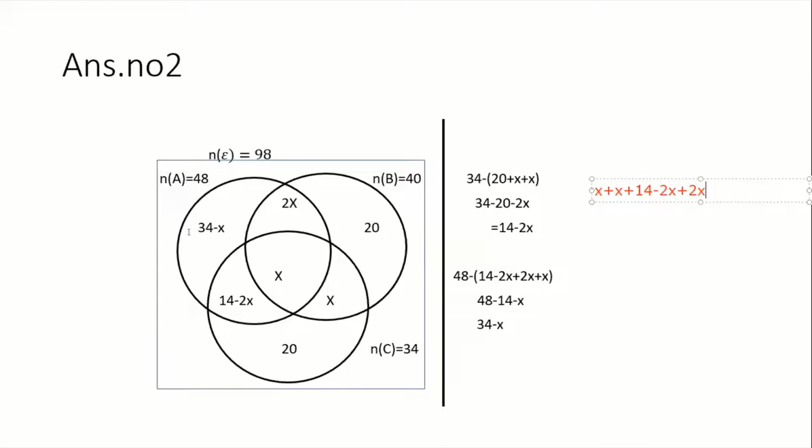So we shall go ahead and also input those for the outer. That is to say, let me repeat that. That is x plus 2x plus 14 minus 2x plus 34 minus x plus 20 plus 20. So as we know, this expression should actually give us a 98. So that will be equal to 98.